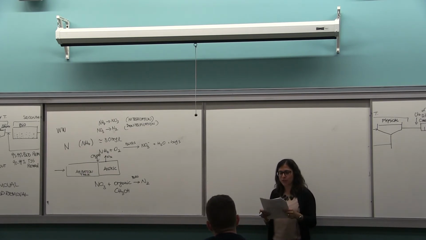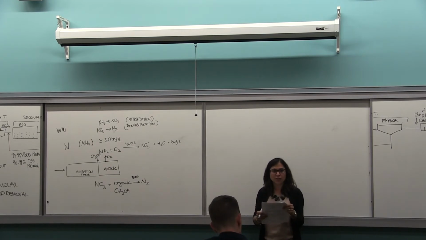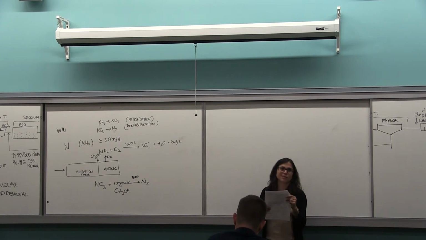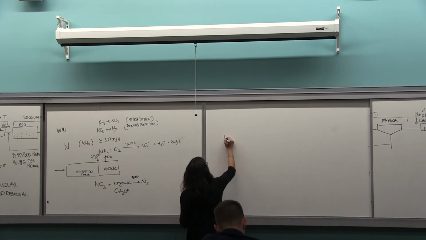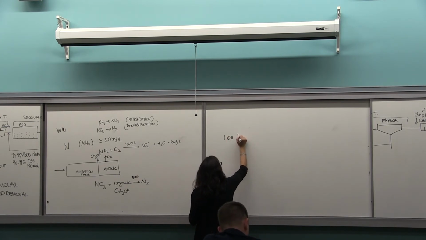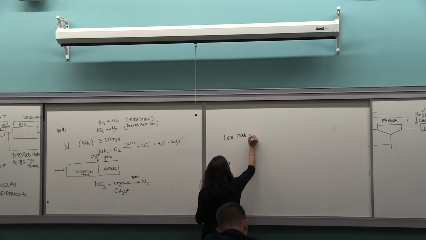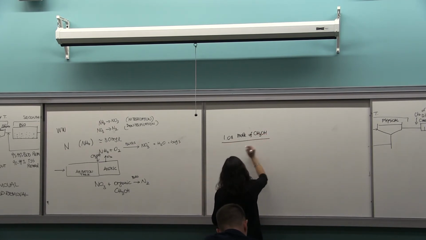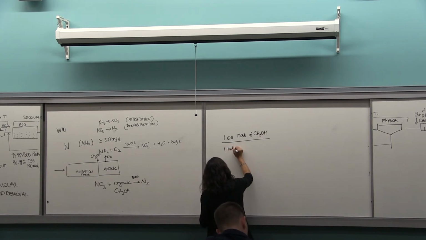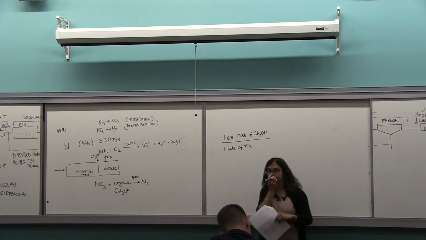But let's look at this equation. If you look at the stoichiometry of the reaction, what is it telling me, if you remember a little bit of chemistry? It's telling me that I need 1.08 mole of methanol for each mole of nitrate, right?